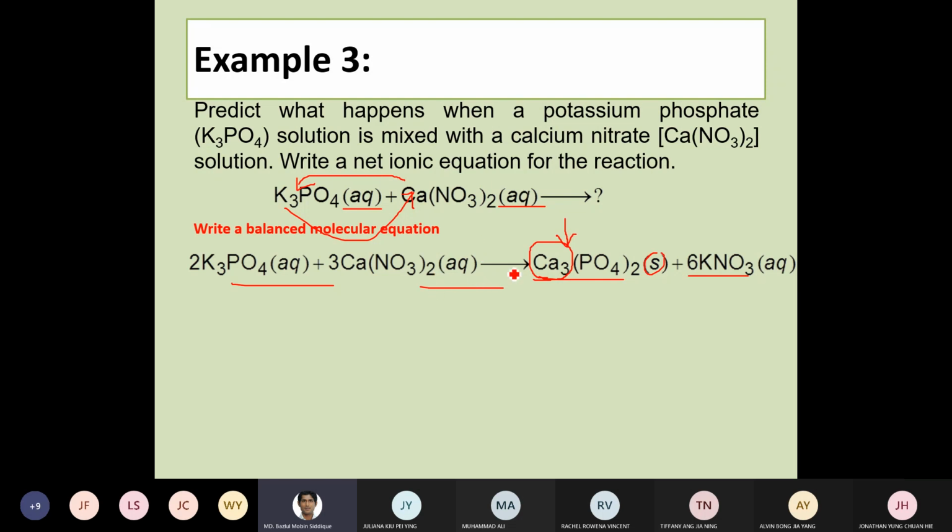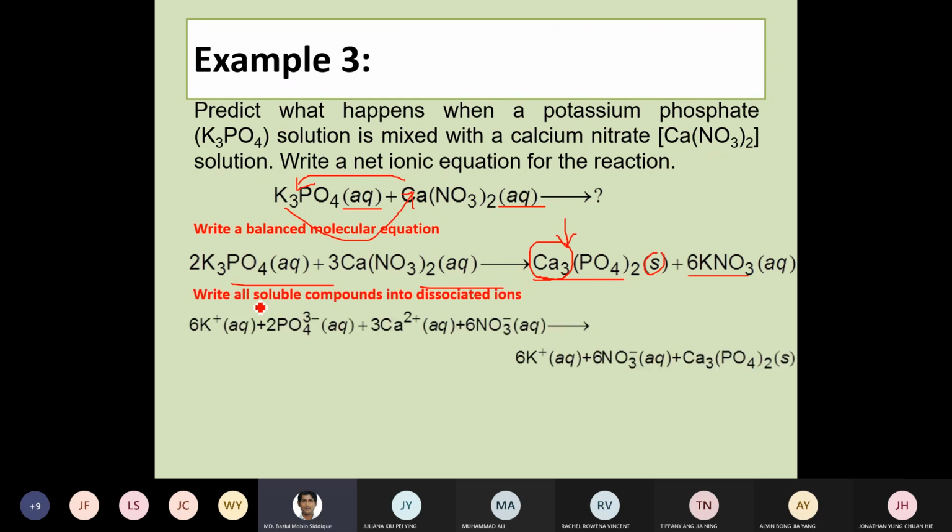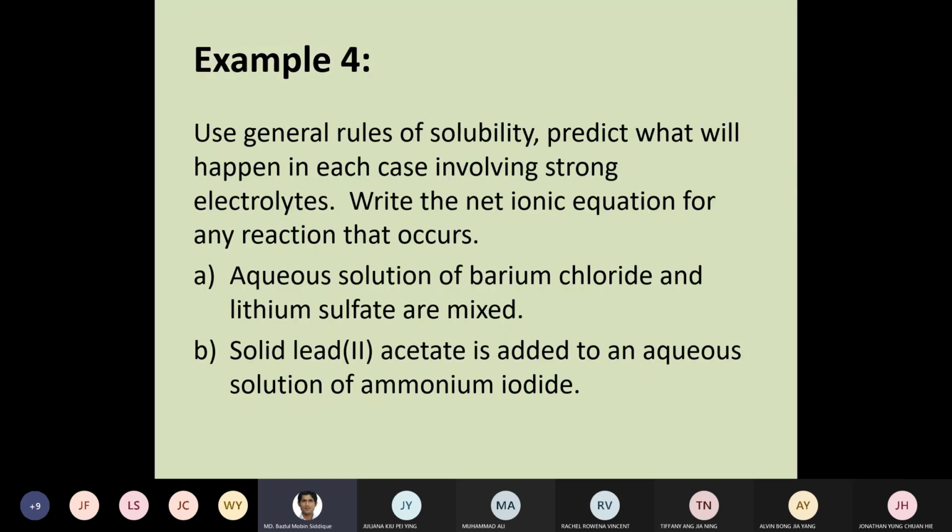So they are solid, and that is how we see that they are formed in this way, as a solid. And potassium and nitrate are not doing anything. They are just here as they were in the aqueous reactant form. So they are the spectator ions as well.